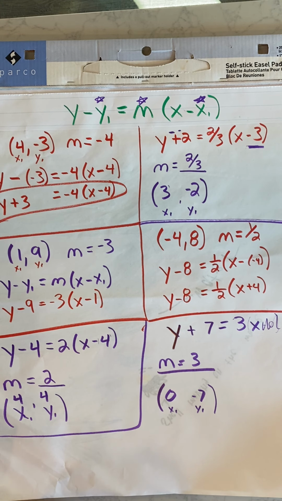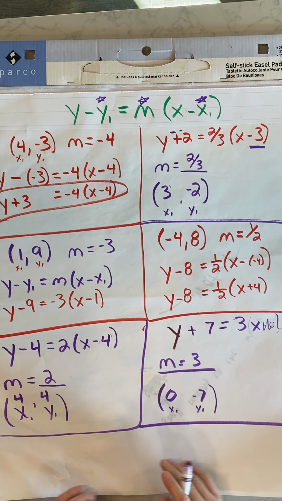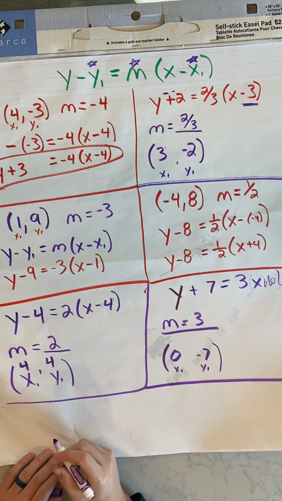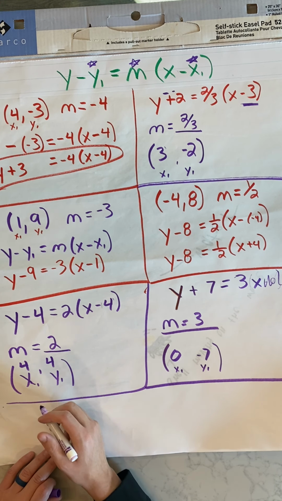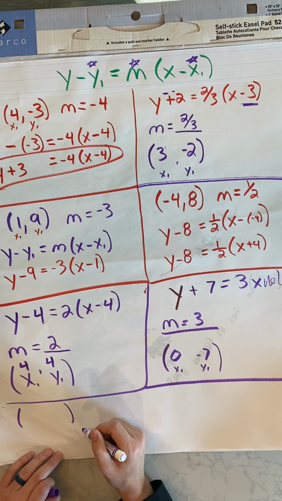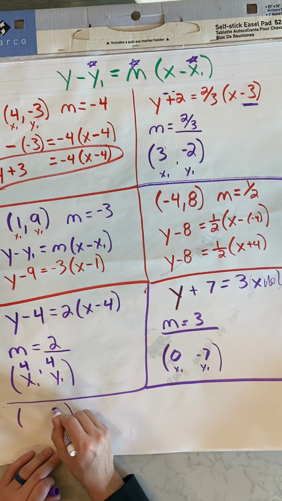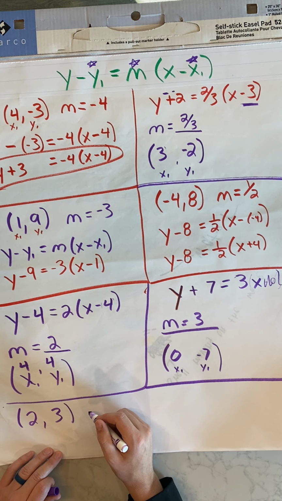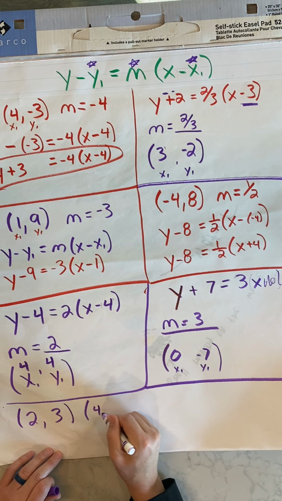What if we were given 2 points? And hopefully you can see this still. Let's say we were given the points 3, 3 and 4, 4.